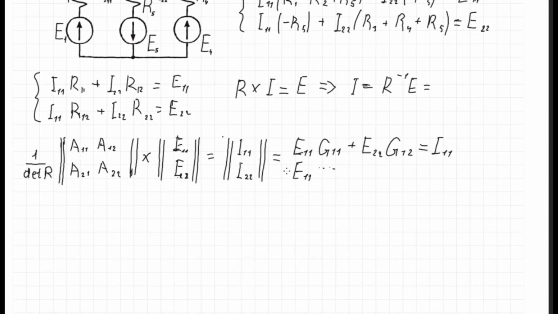We can generalize these calculations: any loop current, for example I_k, equals the algebraic sum over i from 1 to n, the number of our loops, of E_ii multiplied by G_ki.